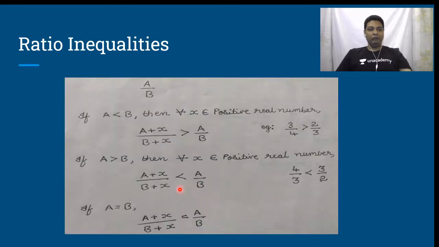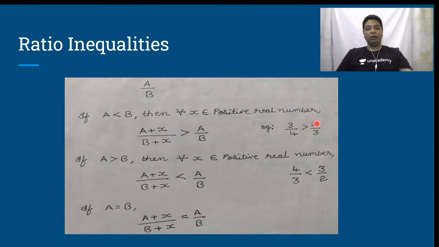Next, let us look at ratio inequalities. Whenever we have a proper fraction, when A is less than B, that is, numerator is less than denominator, if you add a positive quantity to both numerator and denominator, the newer fraction will be greater than the original fraction. For example, 2 by 3 is what? 0.66, right?